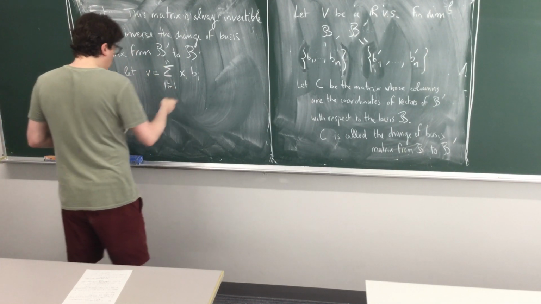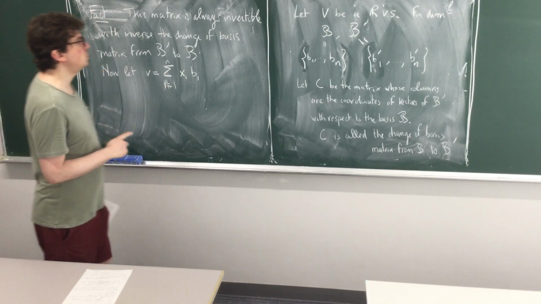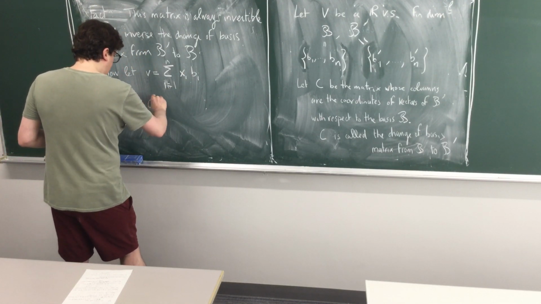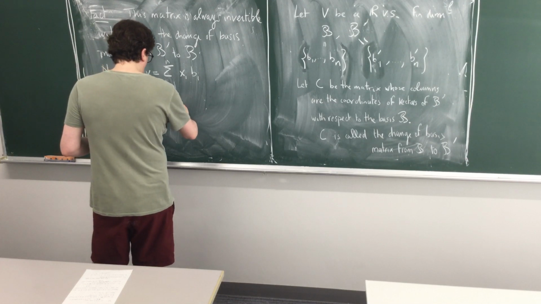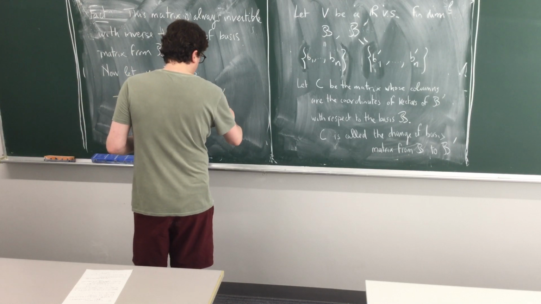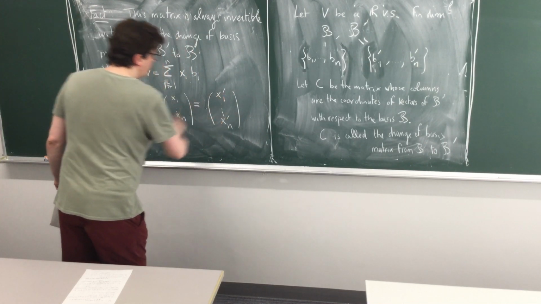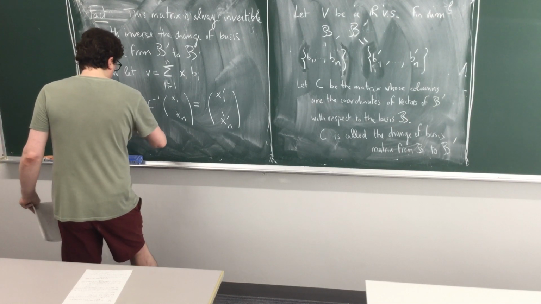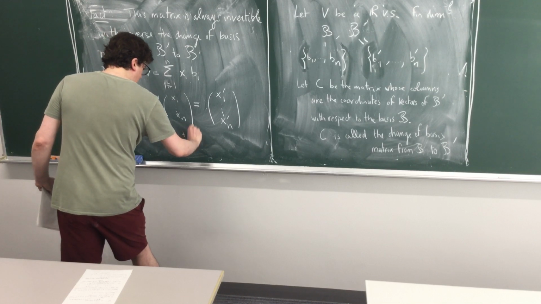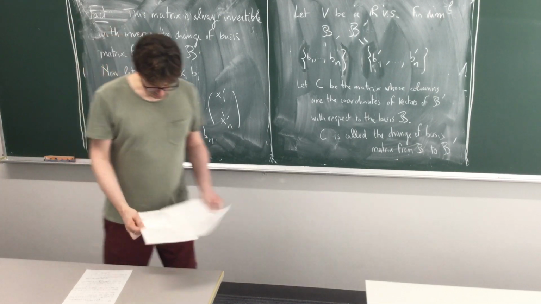And if you want to know the coordinates of this same vector, but this time with respect to the basis B prime, you will just do C inverse times (x1, ..., xn), and this will give you the coordinates x prime 1, ..., x prime n, such that v will be equal to x prime 1 b1 prime plus ... plus x prime n bn prime. Okay, that's right.